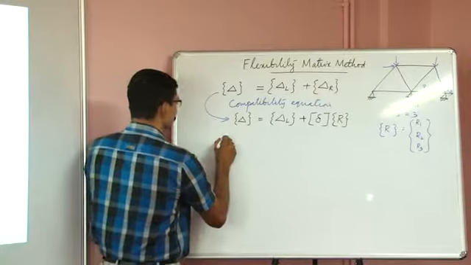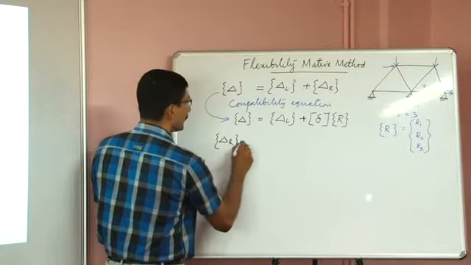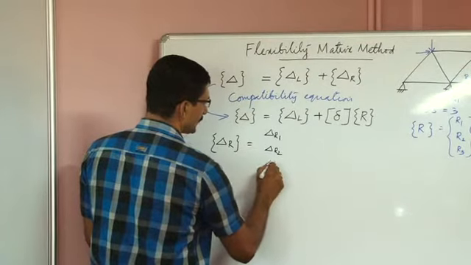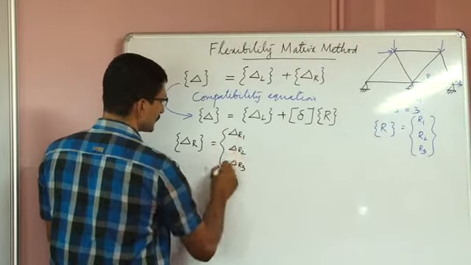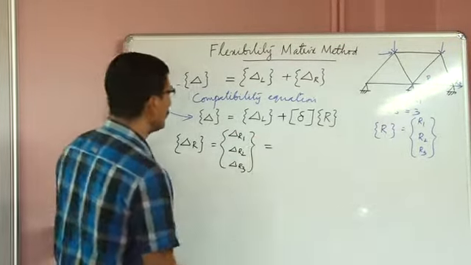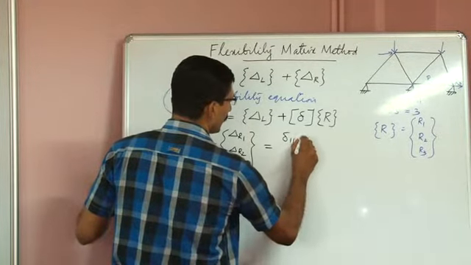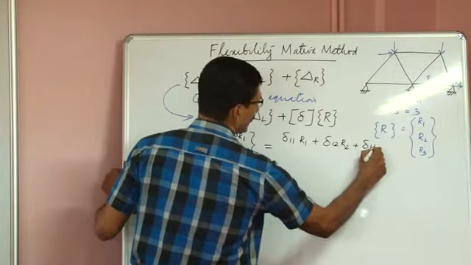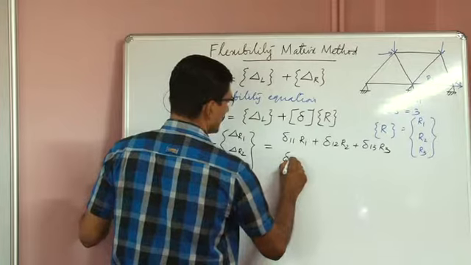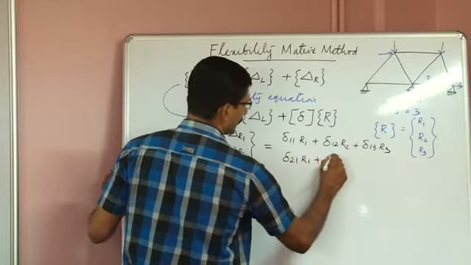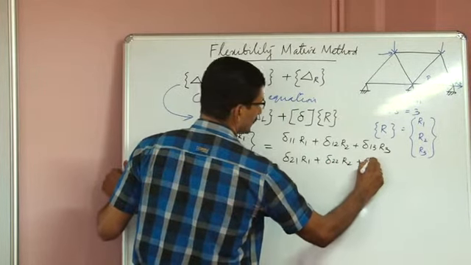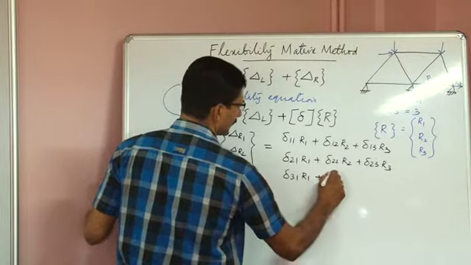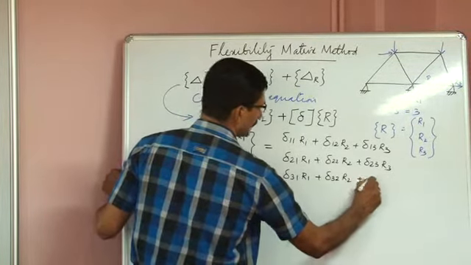That is, delta R containing elements, say delta R1, delta R2 and delta R3 in this case, can be written in longhand form as small delta 11 R1 plus small delta 12 R2 plus small delta 13 R3, delta 21 R1 plus delta 22 R2 plus delta 23 R3, delta 31 R1 plus delta 32 R2 plus delta 33 R3.